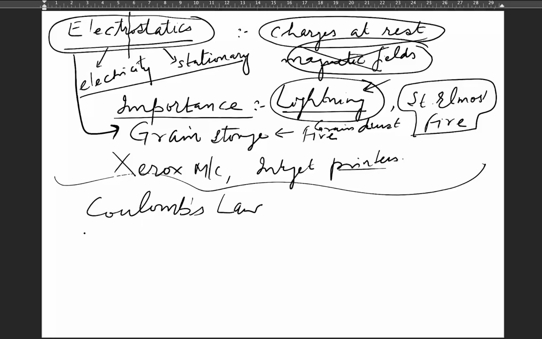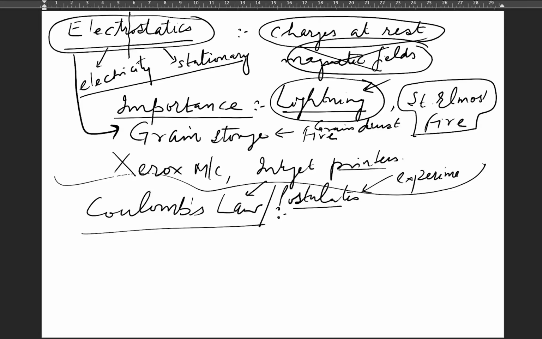Why is this called a law or postulate? Although it was discovered by Coulomb experimentally in his lab, the expression which he gave is taken as a law, meaning it is a fact of nature. What does it say? Let us say there are two point charges Q1, Q2.